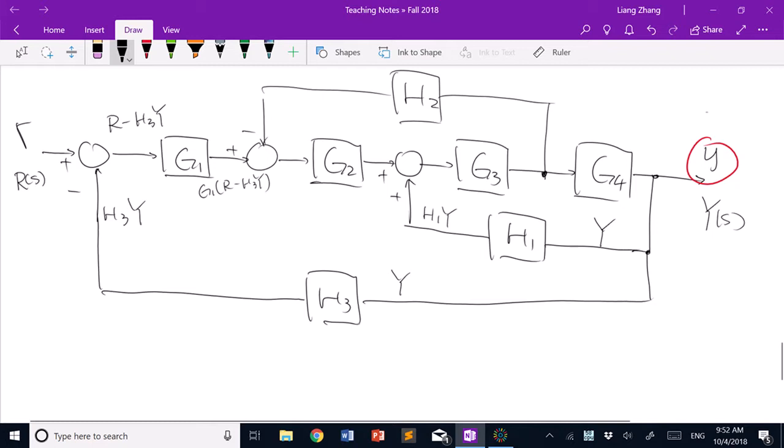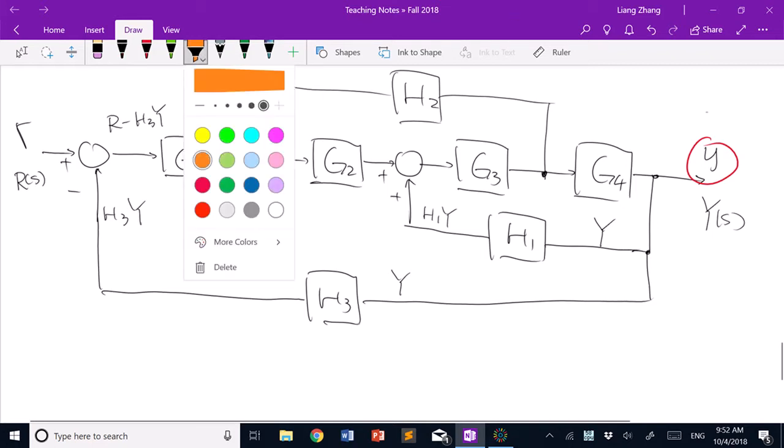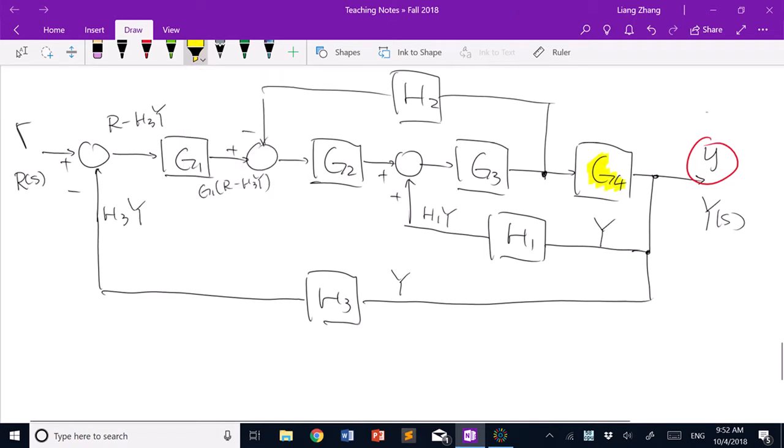Now, this is how we go along the direction of the signal, and we can also go backward. For instance, let's look at this G4 block here. If I know what Y is, the output, then apparently the input here, the signal right here, should be Y divided by G4.